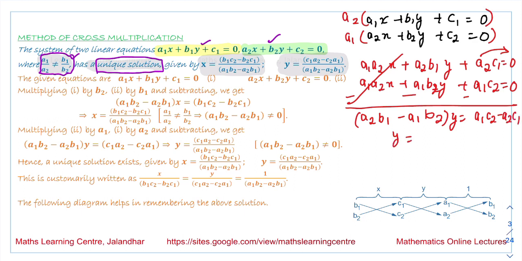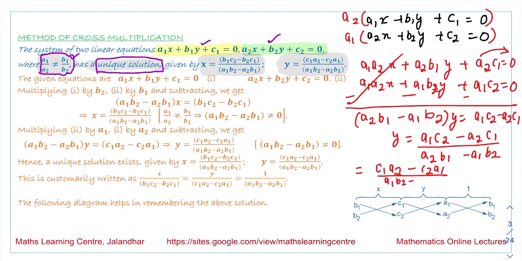So the value of y we obtain is a1c2 minus a2c1 over a2b1 minus a1b2, and the same thing can be written as c1a2 minus c2a1 over a1b2 minus a2b1.